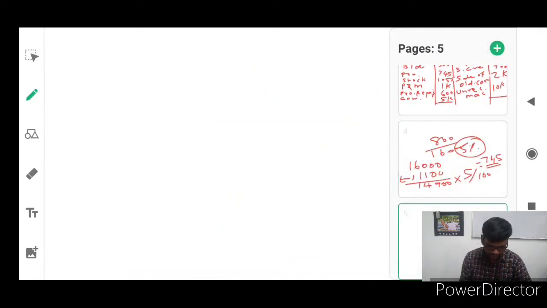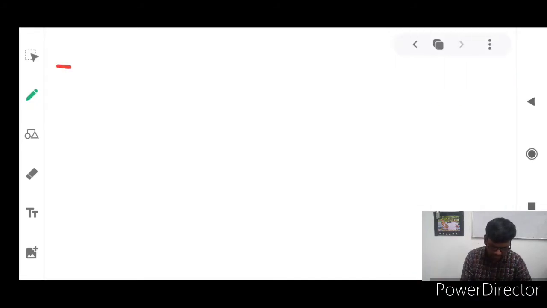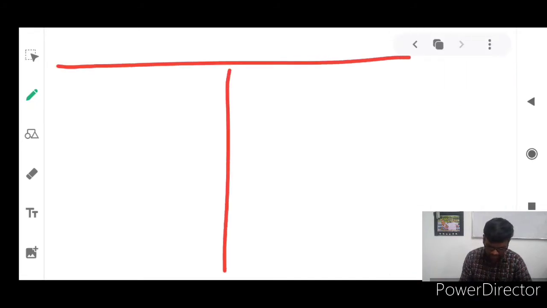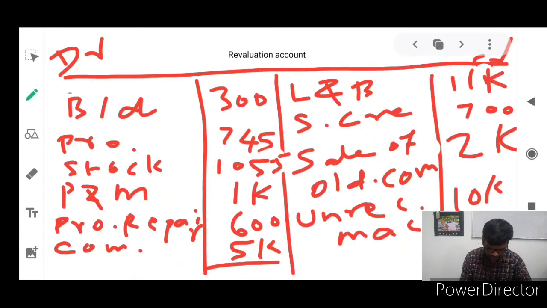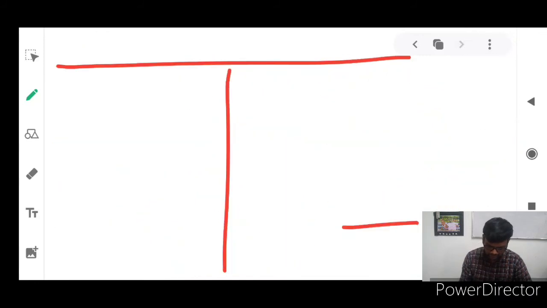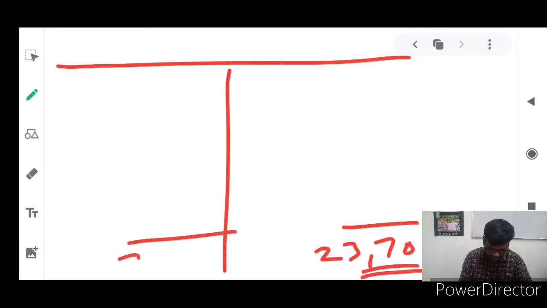Credit side of the revaluation account is how much? 23,700 rupees.